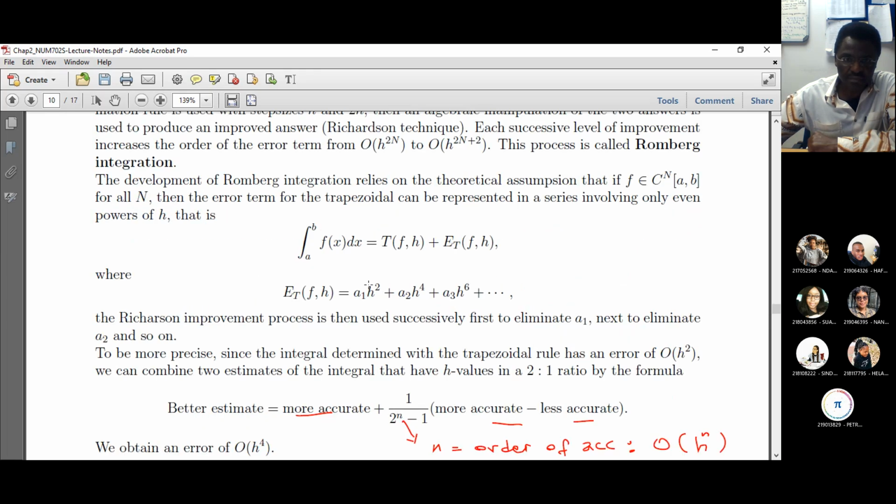Now, if you come here, what do you realize? That for the trapezoidal rule, this is what we have. But now when we perform the recursion, we are moving to this. So we move from here to there, and from here to there. So you can see that the next term here is double of this.